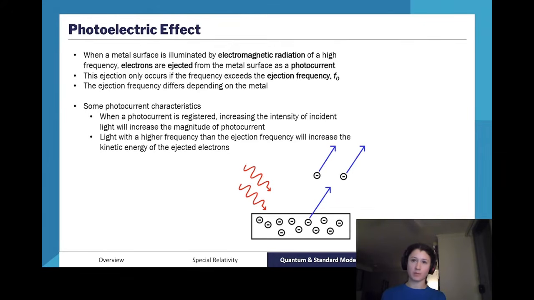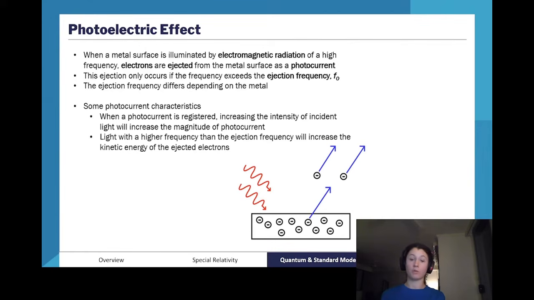A good example of this would be if you are standing next to a street light, there'll be a greater intensity closer to the street light than farther away, because farther away the light has dissipated more, it's not as bright, right? So, when the intensity is increased, when there's more light, it increases the magnitude of photocurrent.